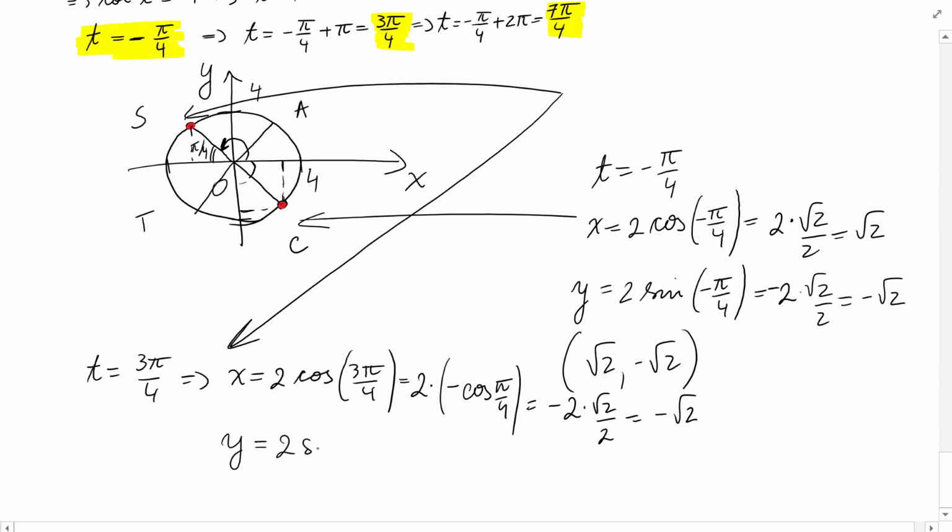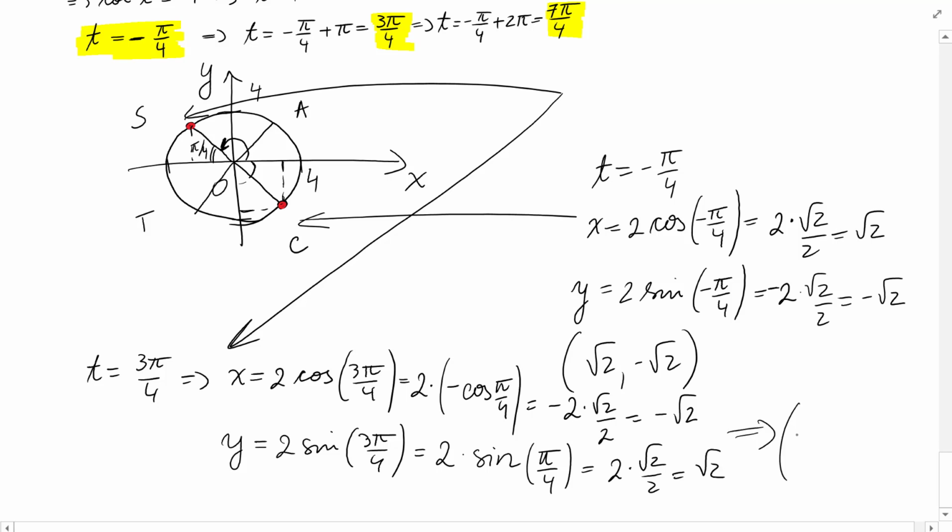Then y equals 2 sine of 3 pi over 4, and that is equal to 2 times, so sine is positive in the second quadrant, the reference angle is pi over 4, so sine of 3 pi over 4 is equal to sine of pi over 4, so it's 2 times square root of 2 over 2, which is square root of 2.